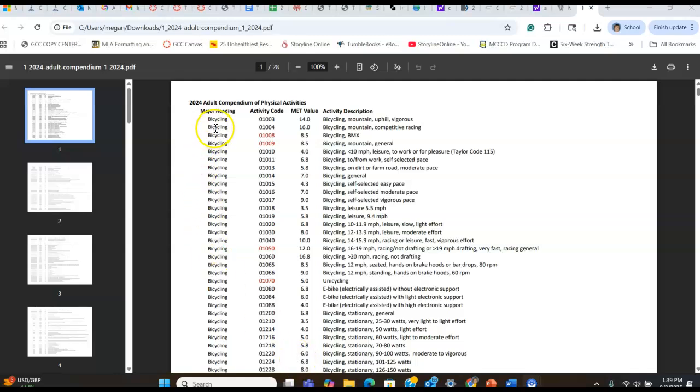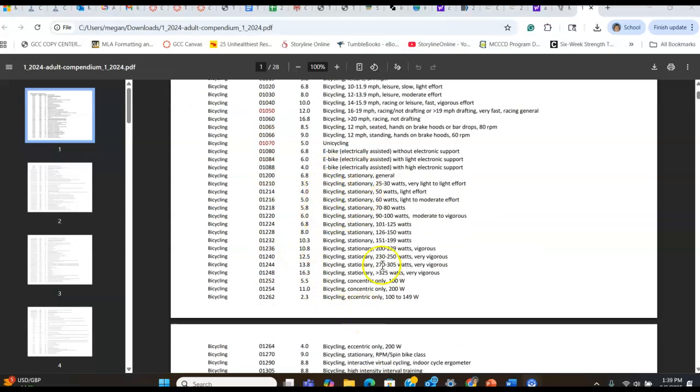Okay, so it's everything from bicycling, right? So we have bicycling leisurely at 5.5 miles an hour is a 3.5 MET level versus bicycling if you were a racer and going 16 to 19 miles per hour, not drafting, you're at a MET level of 12, right? So huge differences in intensity there, okay?